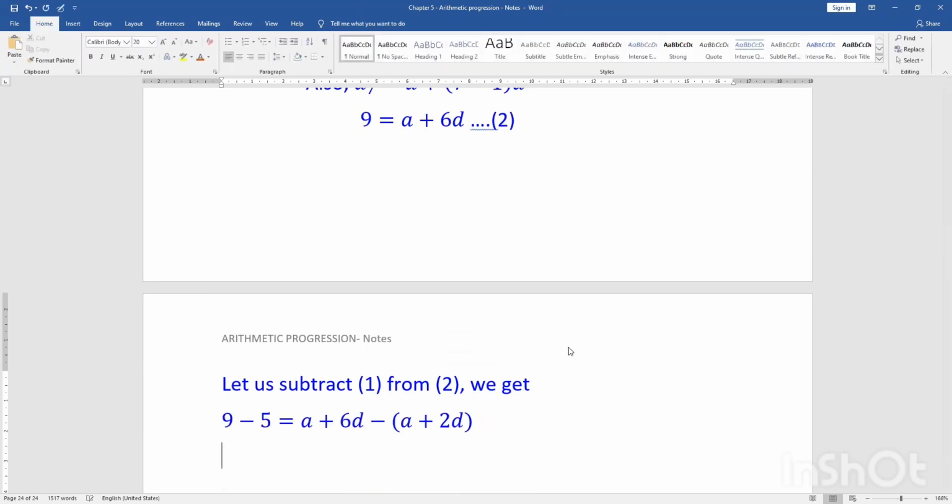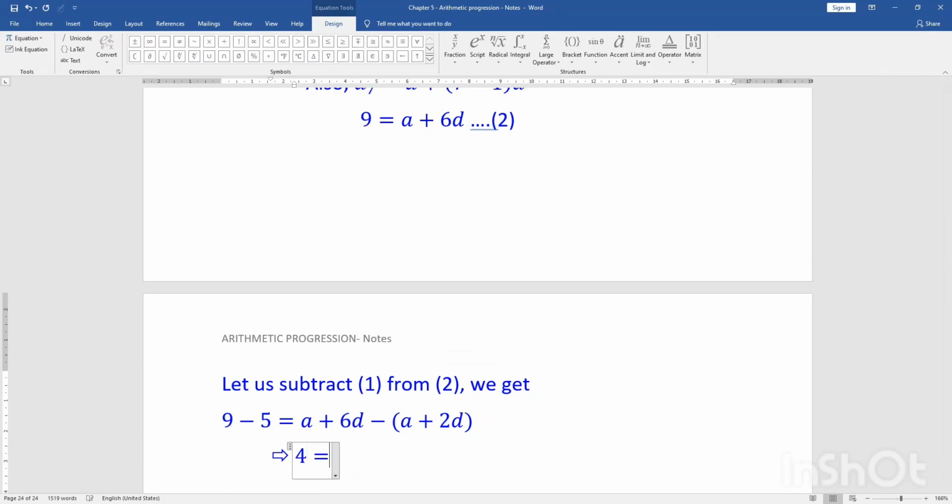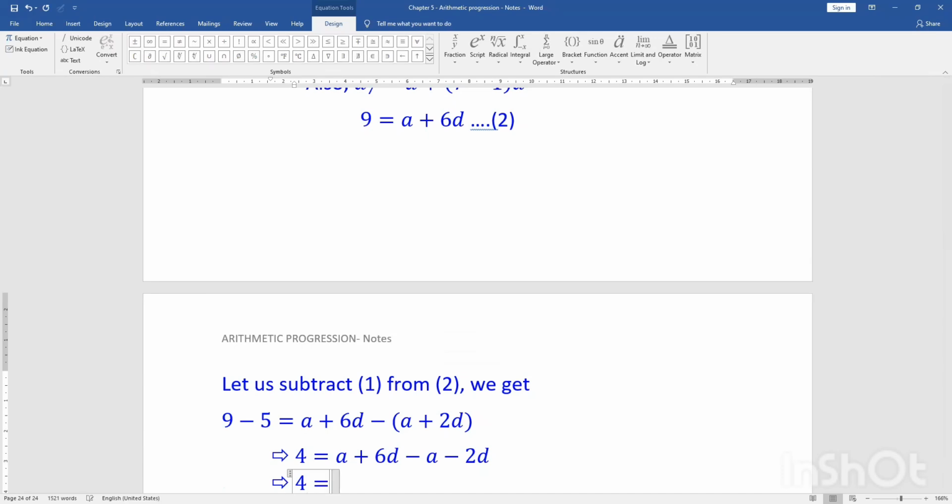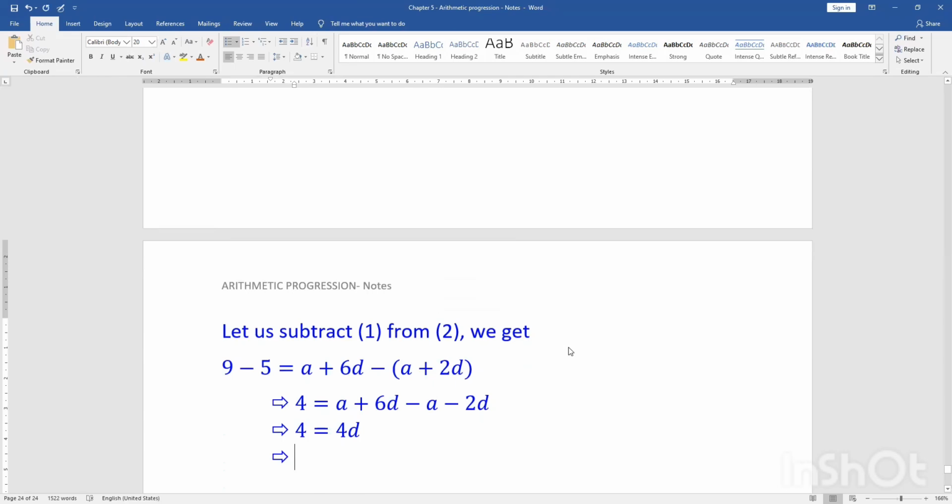So 9 minus 5 is 4, equals A plus 6D minus A minus 2D. A gets cancelled, it is 4D. Or D is equal to how much? It will be equal to 1.